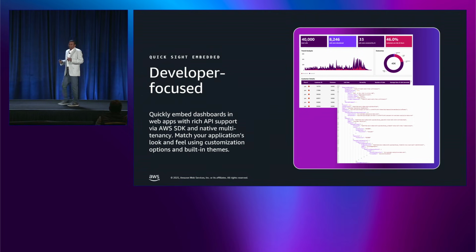In fact, we have a robust set of APIs and SDK that allow you to do that. Our embedding SDKs allow you to embed all of those experiences that we talked about before.